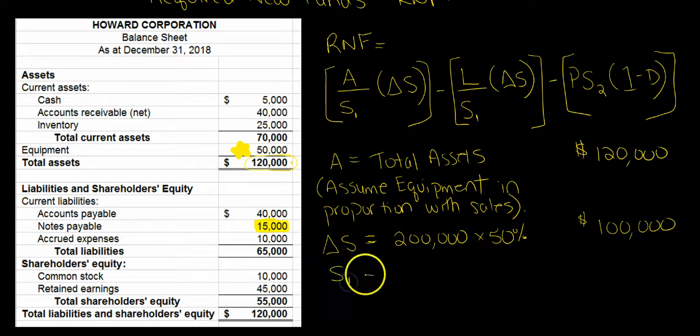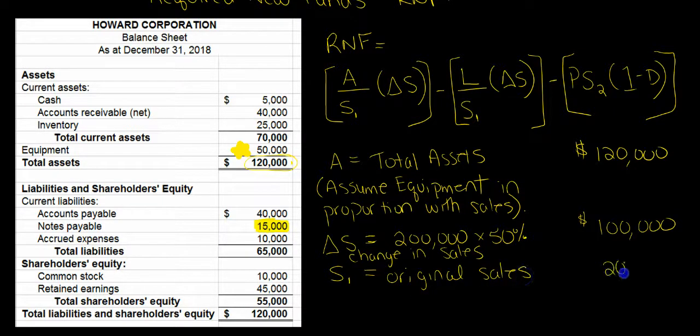And then our S1 is our original sales. So I'll say change in sales, and S1 is original sales. And again, let's just assume that our original sales was the 200,000. So it's this amount right here.